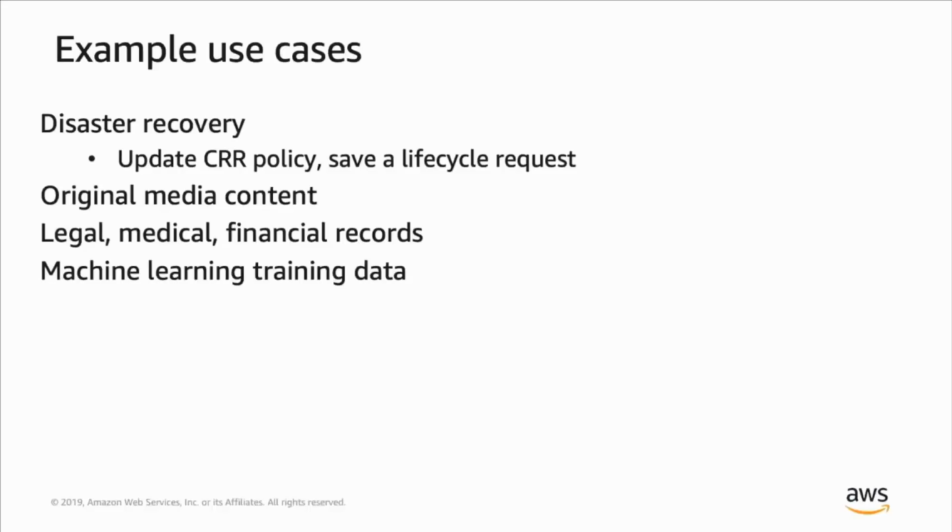Again, it offers you the option to restore it using a bulk request at a low price back into our millisecond access reduced redundancy class so that you can train a new model or do some comparative analysis and have access to that data and the value it provides rather than shipping it off to an offsite storage facility where there's a great chance that it may come back in an unusable state.